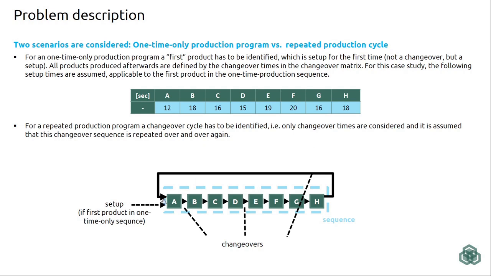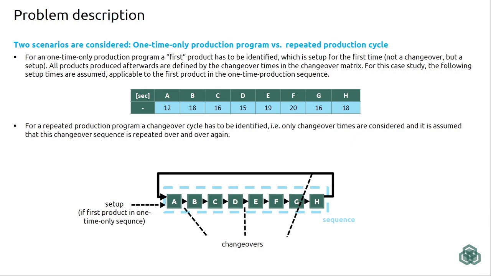So, assuming that this would be the optimal sequence, then once we produce the last product type in the respective production program, we would then change over to the first product type in the sequence of the next production program, and this would be the same sequence. So the problem is fully described with changeover times, since we're always changing from one product type to another, and we're looking for one sequence that then just repeats itself.